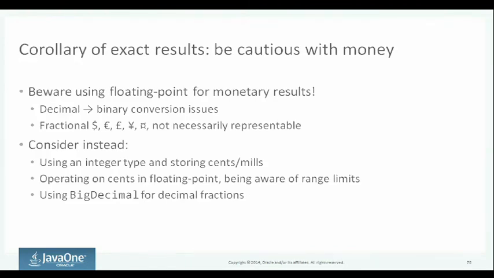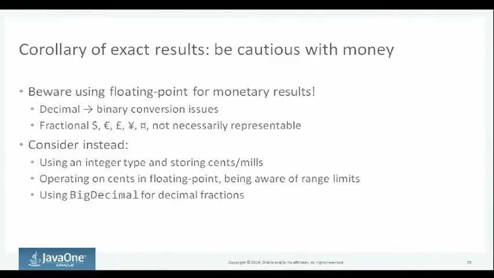Now, you should be cautious with money, probably in general, but especially with floating point, because you can run afoul of some of the problems we've seen, such as the decimal to binary conversion issues. So you can't necessarily represent your fractional dollars or pounds or euros as a double value, so you can get error there. So if you're doing that, instead you should consider using an integer type, and instead of dollars representing cents or mils or whatever the smallest unit is, and multiplying up so you have an integer value.